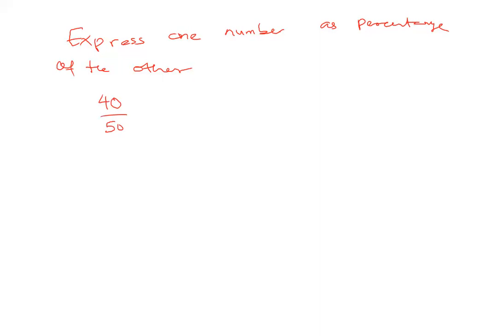Look at this question: express 45 as a percentage of 50. This is what we do. We write 45 out of 50, then you multiply by 100. Can you see?